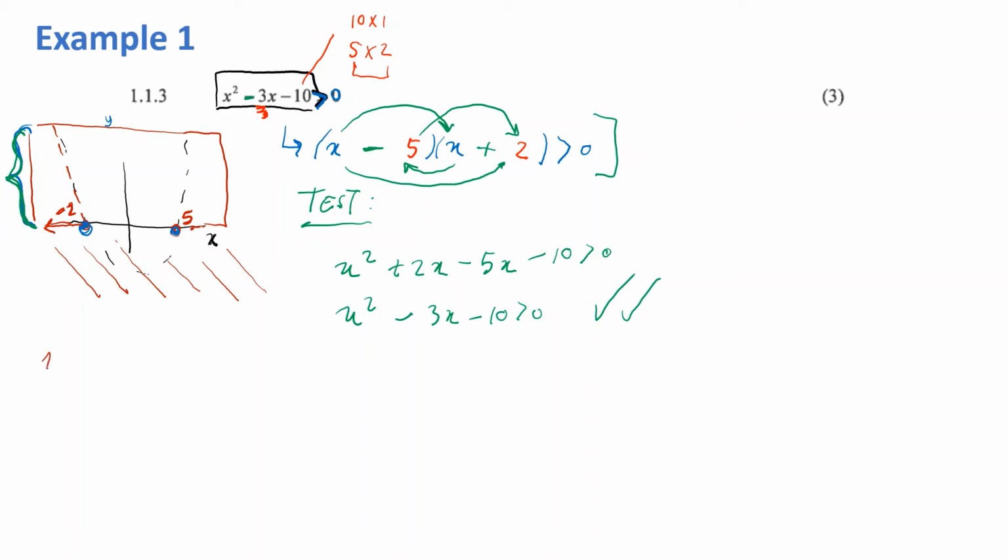Okay, so on this side here, x smaller than -2, or, well, for this 5 over here, this graph is only positive for values larger than 5. So x is larger than 5. Those are your two solutions.